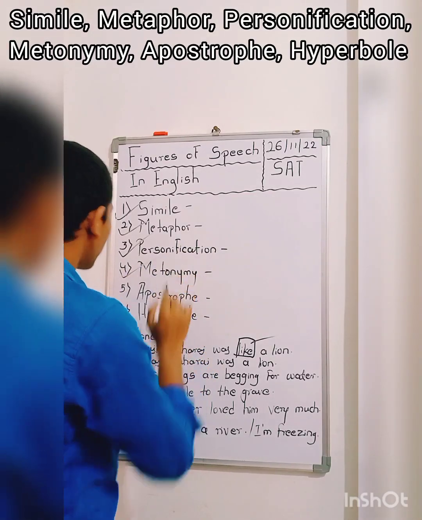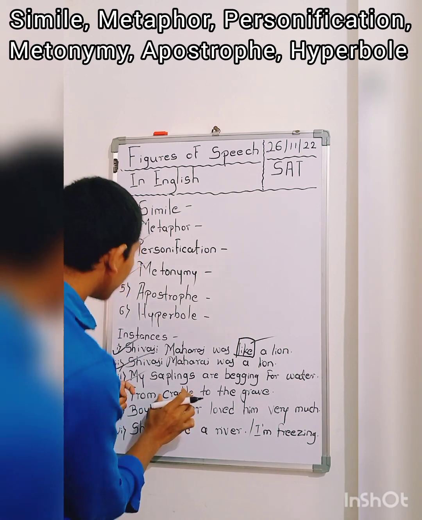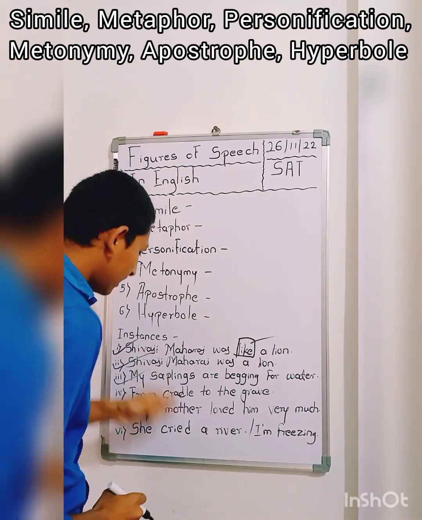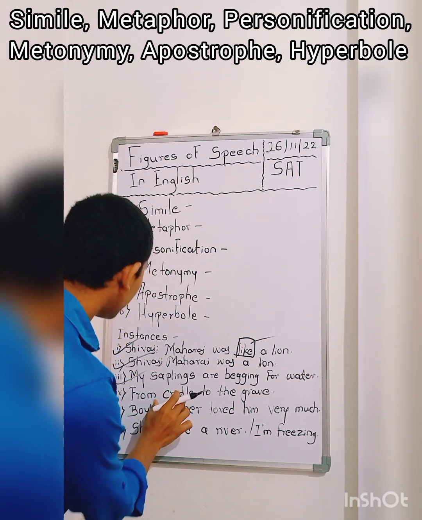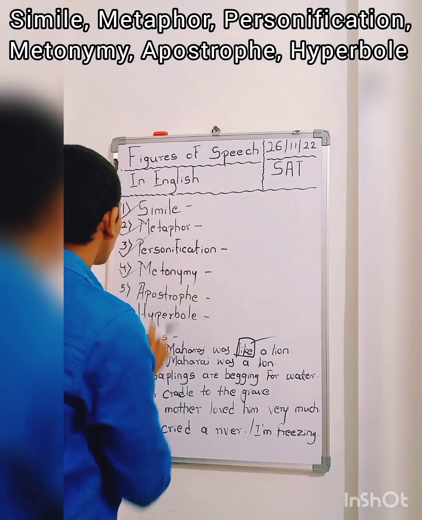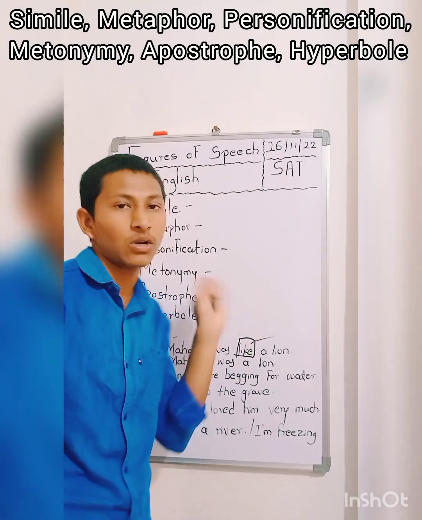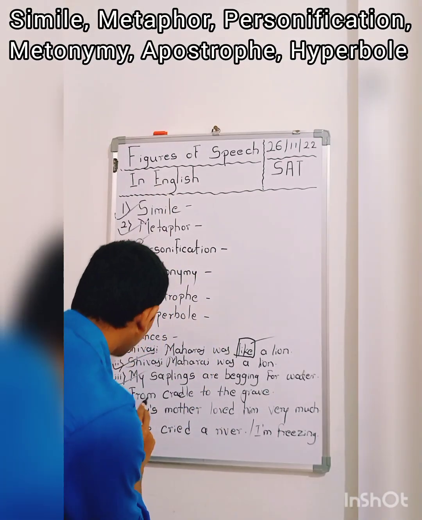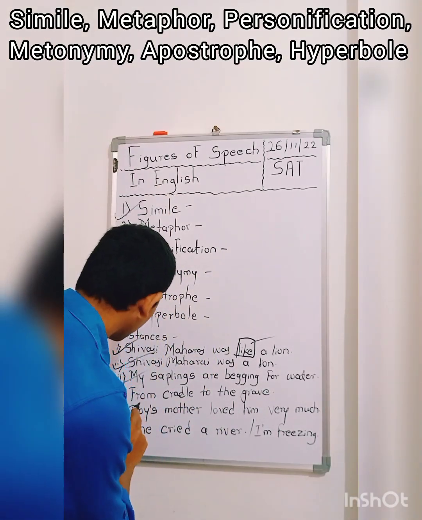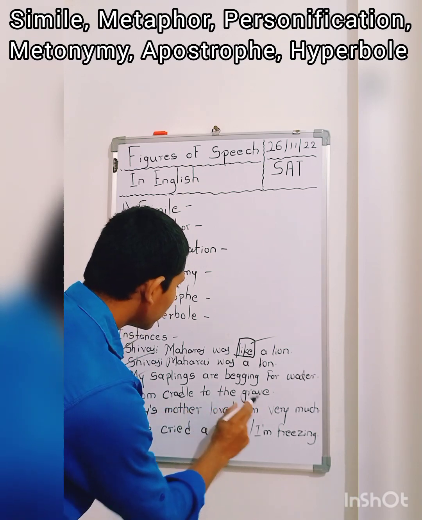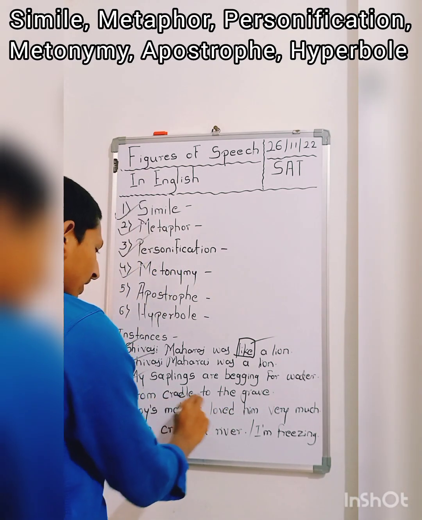The fourth one is metonymy. We will understand metonymy with an instance. Okay, first we will learn the example of metonymy, then I will explain the definition. First, we will discuss the instance of metonymy, that is "from cradle to the grave". What is meant by from cradle to the grave?